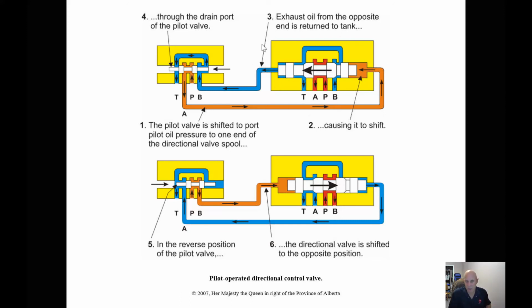The nice thing about this type of system is we're just running small hydraulic lines, much like when we're dealing with air systems. It's a relay setup. So we don't have the linkage to worry about. Inside the cab, in our two joysticks, we will have the pilot system, and these lines will go down to the control valve and use hydraulic pressure to move the spool valve back and forth.